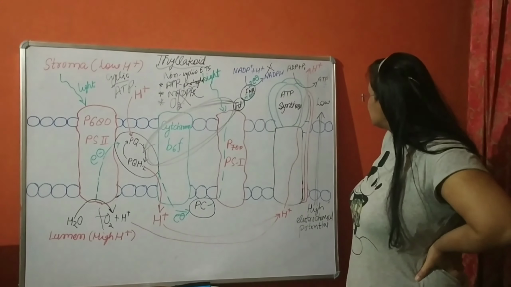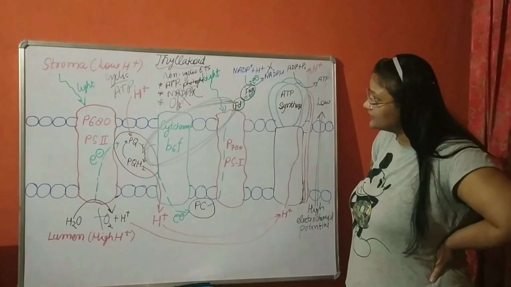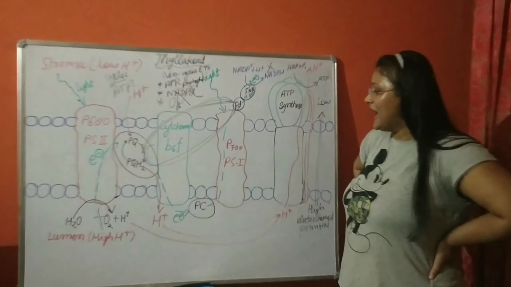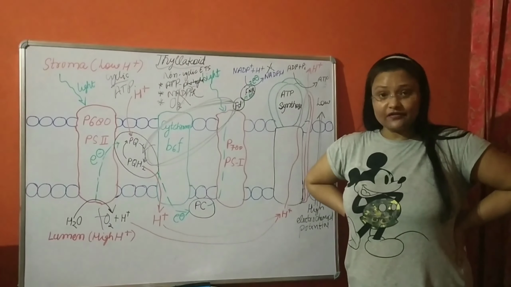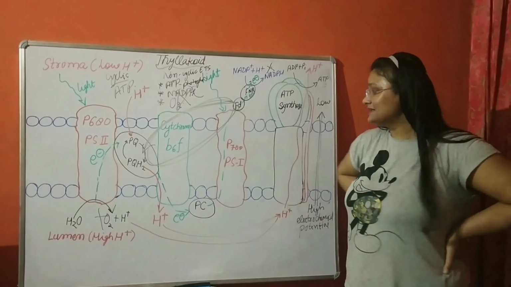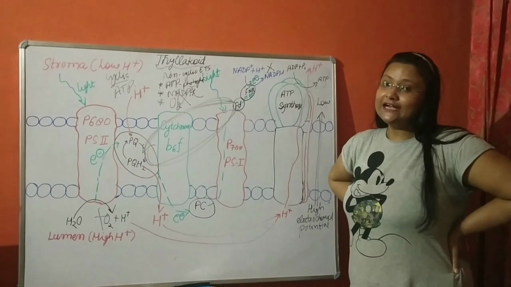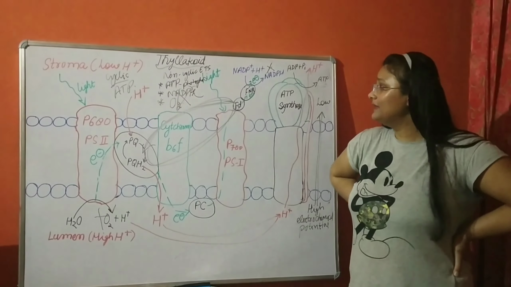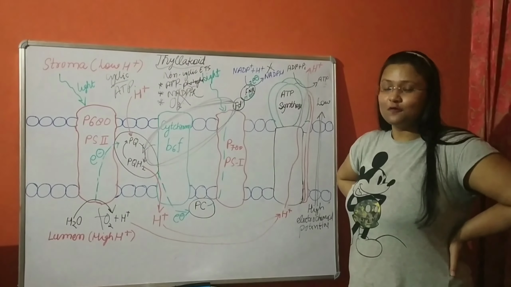And I think everything which is important I have already discussed. So that's all about the Z scheme and photophosphorylation and movement of electron and H plus in the thylakoid membrane. So that's how light reaction takes place in chloroplast. Basically in the thylakoid membrane, which is a part of the chloroplast.